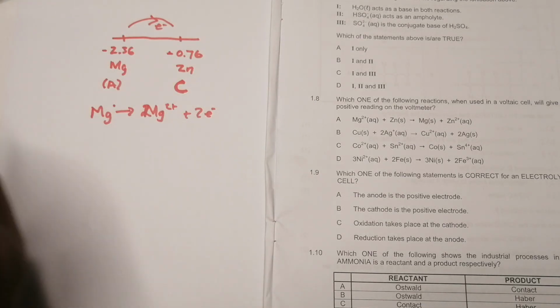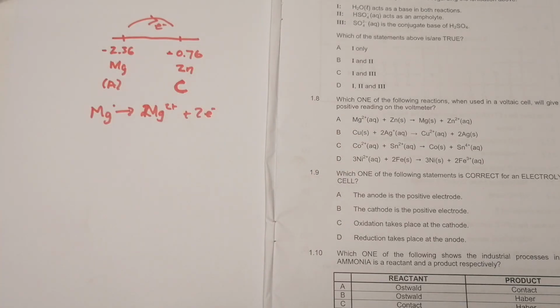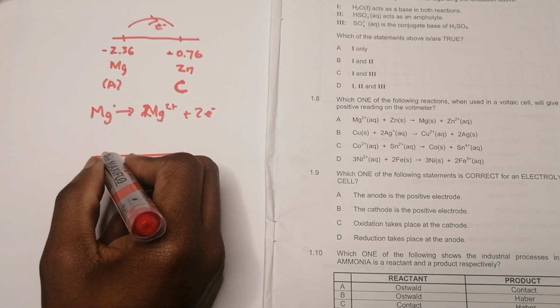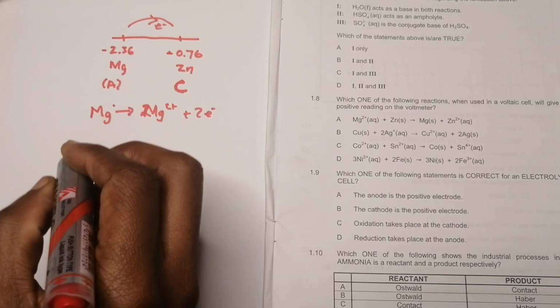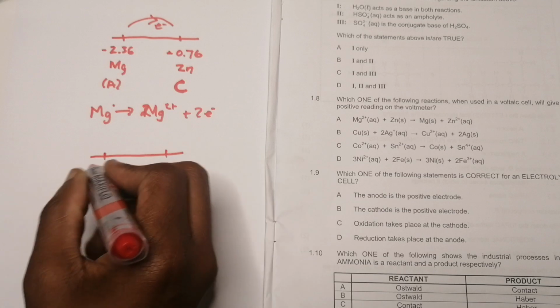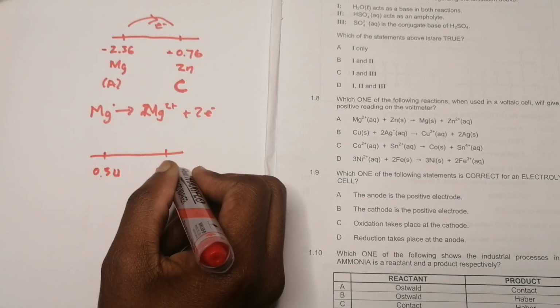If you take the one between copper and silver, copper is 0.34 and silver is 0.8.